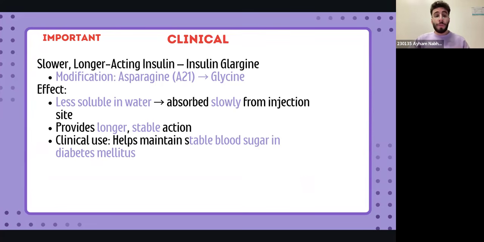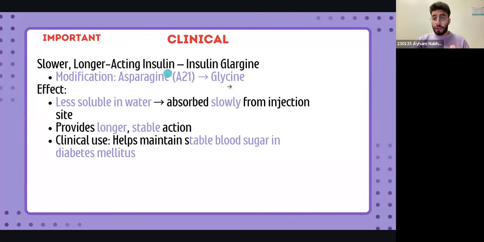The modification that makes this possible is an easy one, where asparagine is changed to glycine at position 21 in the peptide chain of insulin.